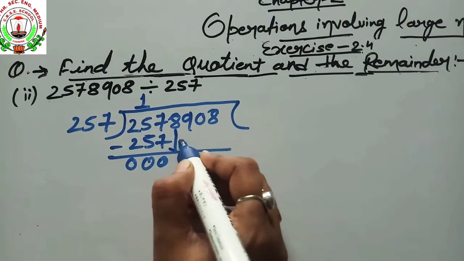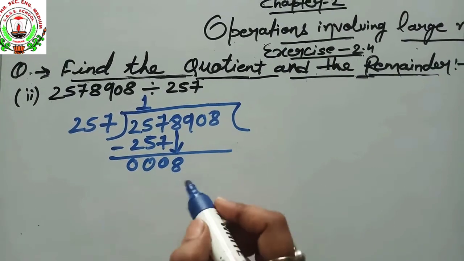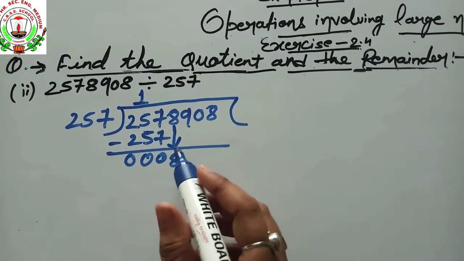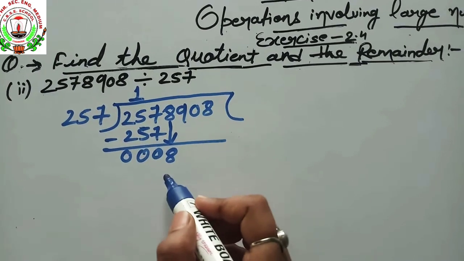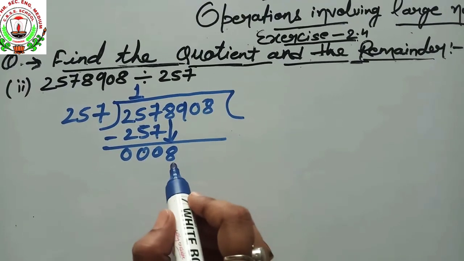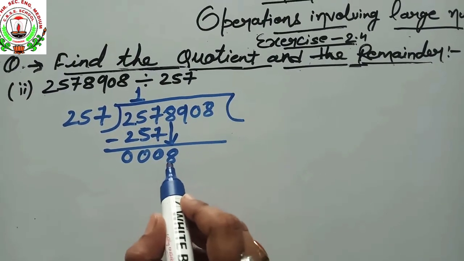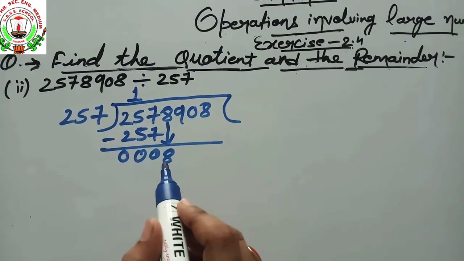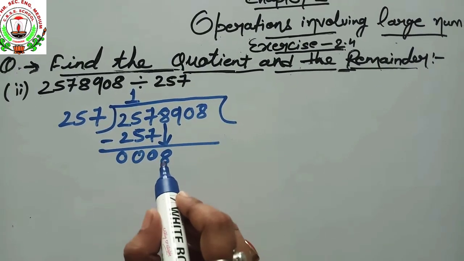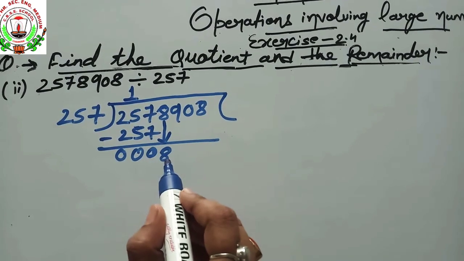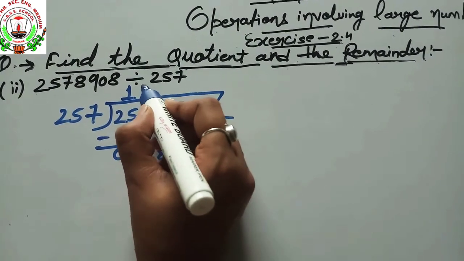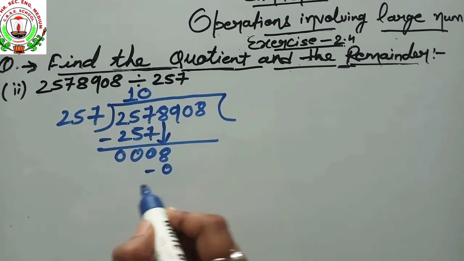Now the next step is to bring down this 8 over here. Now this is only one digit and we have to convert this into 3 digits. For converting this into 3 digits, the first step is what? We write 0 times and subtract this by 0.